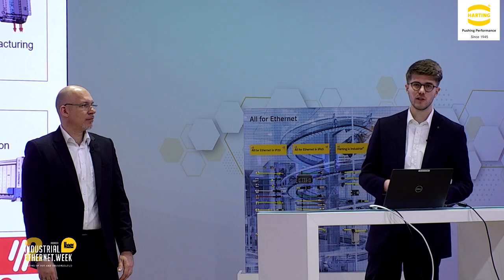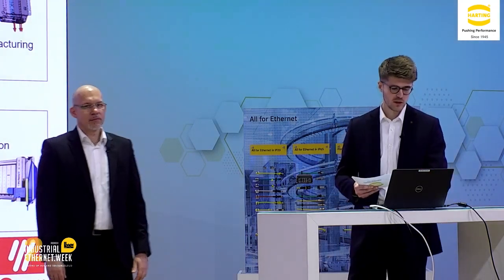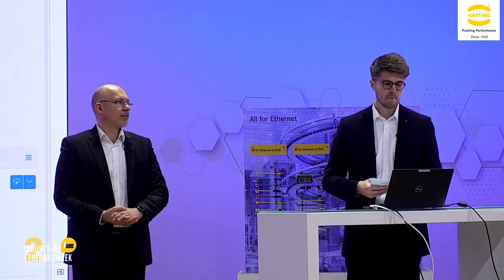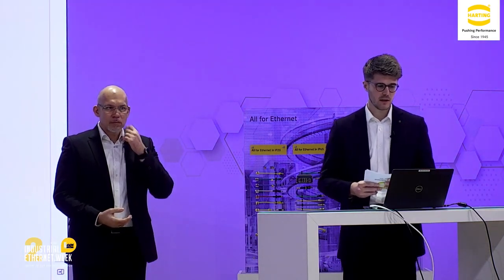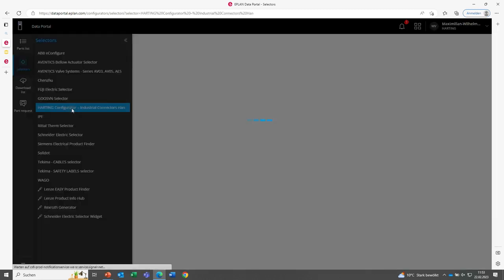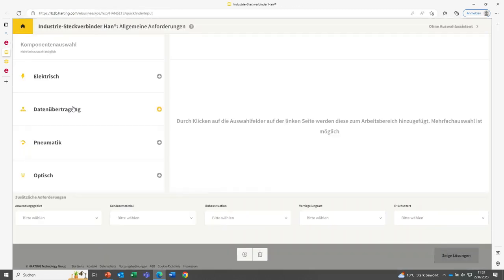Another function in the Eplan data portal which is available are the selectors. You see this here on the left side. And here we have integrated our HAN configurator, because for products which can be configured, it's harder to implement all these, or to search for all these products one by one.